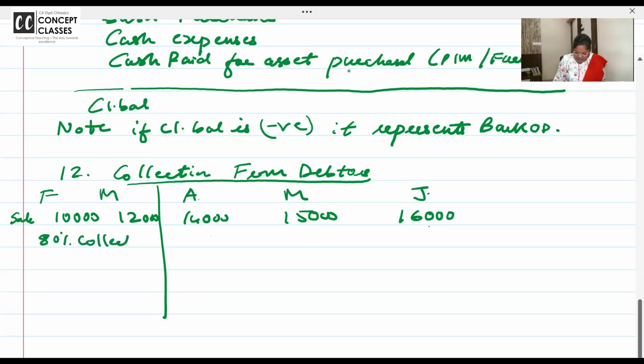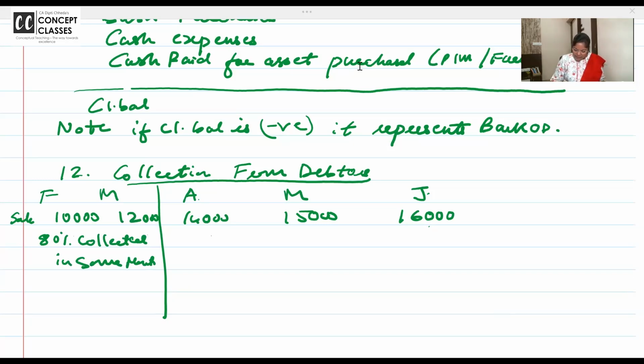February, March, April, May, June. This is given. Now they said 80% collected in same month. ऐसे कंपनी की पॉलिसी है that 80% is collected in same month. Okay.